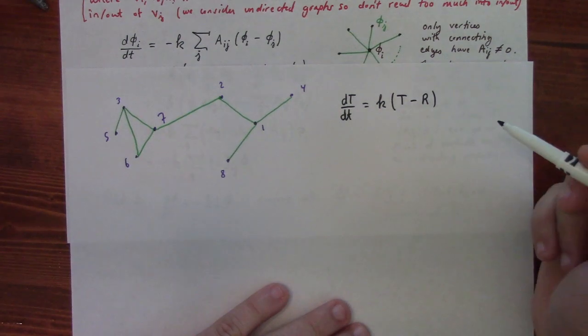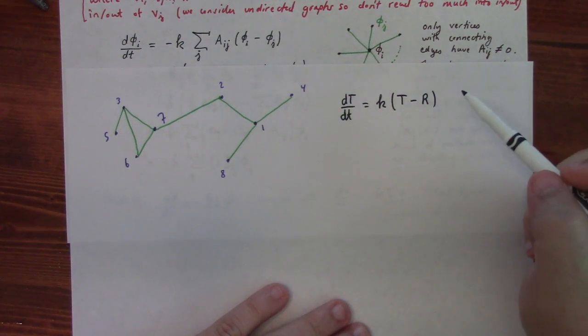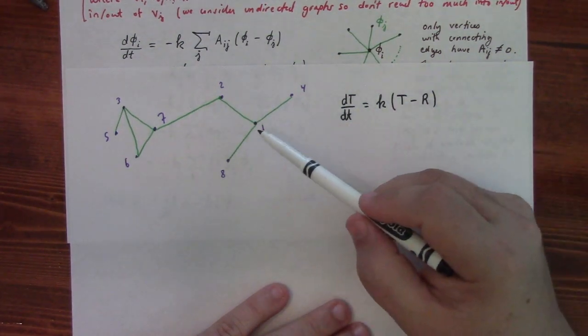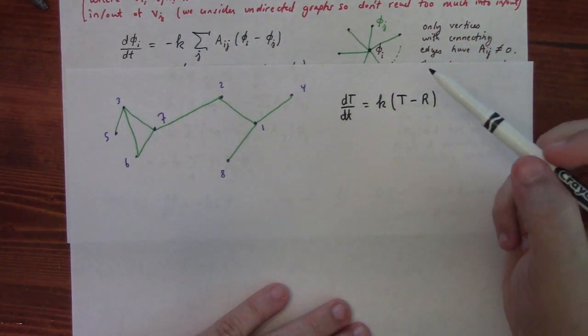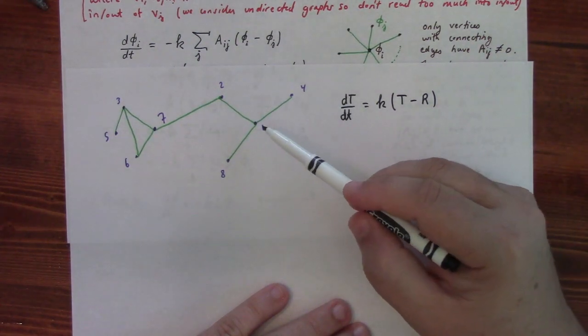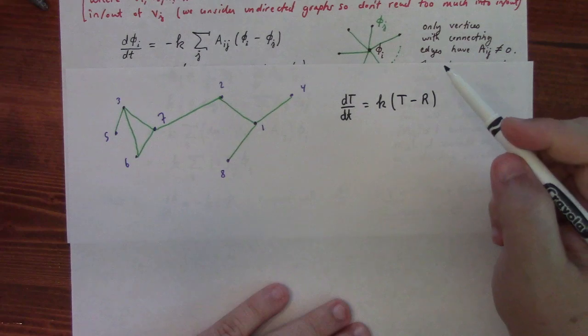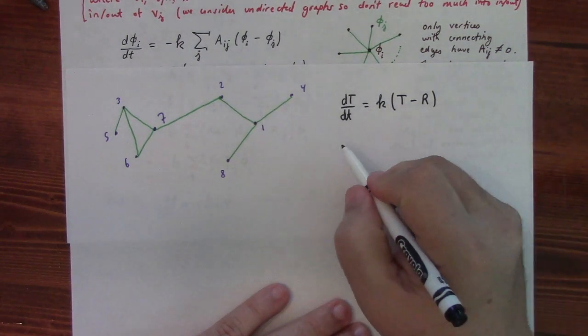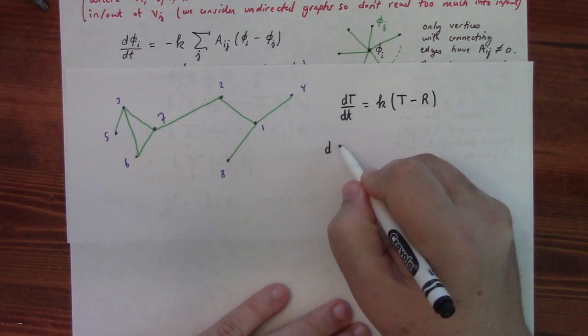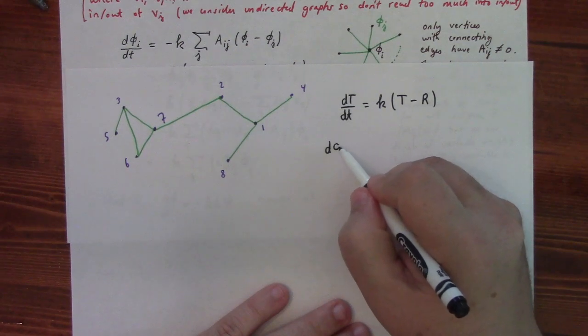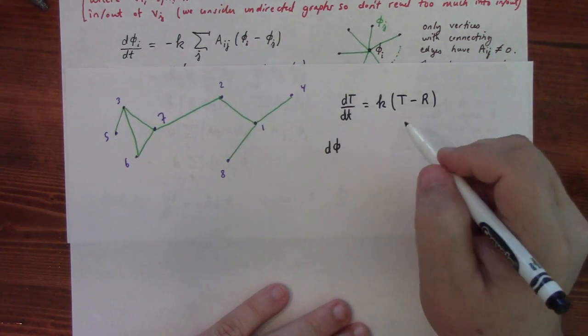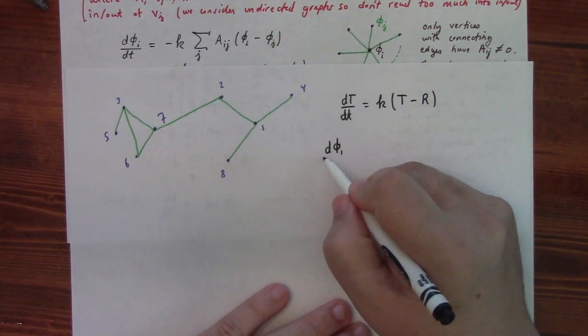So if you localize this idea, you could think about a graph where these are things that are physically connected, and the only way heat can be transferred is by these edges. In that case, you could talk about the change in temperature, which I'll call phi here, to be consistent with the Wikipedia article I'm stealing from.